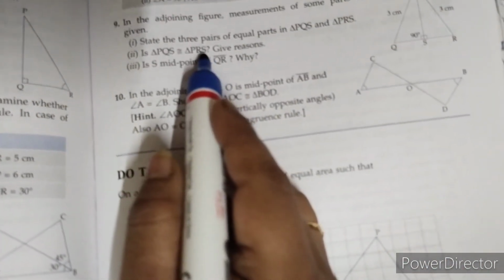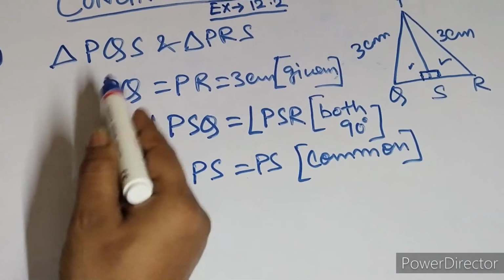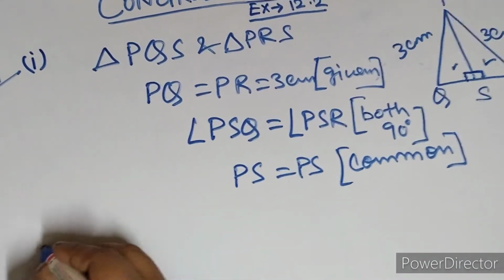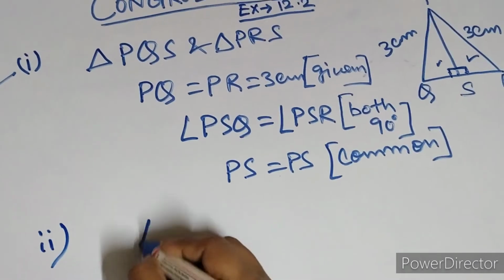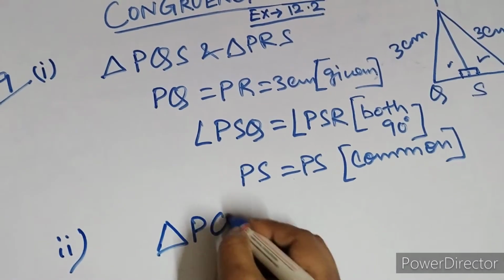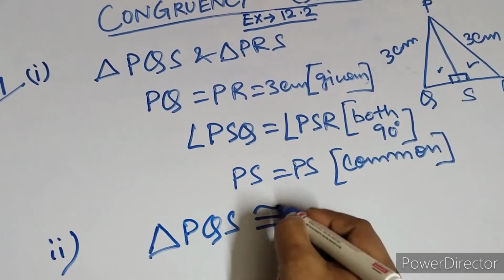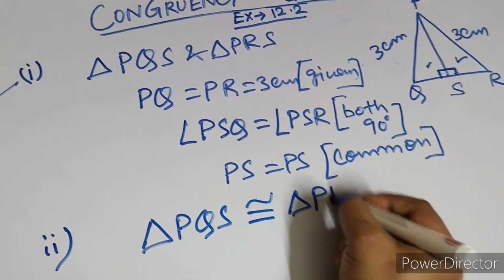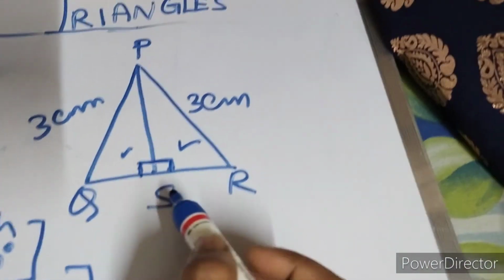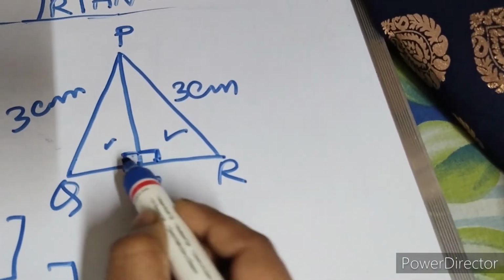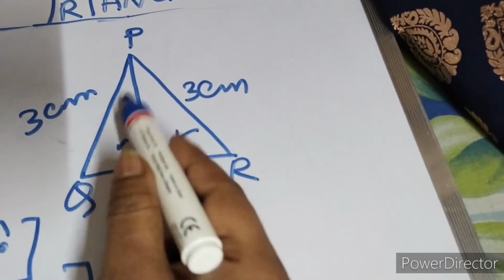In the second part, they have asked, is PQS congruent to PRS? Give reasons. Yes, we see that triangle PQS and PRS are congruent. We have to prove triangle PQS is congruent to triangle PRS. Why are they congruent? Now we see that this is 90 degree and this side is equal.